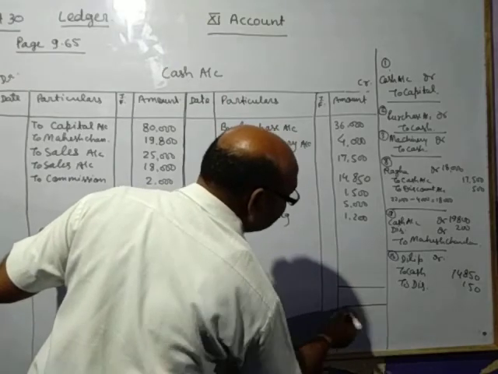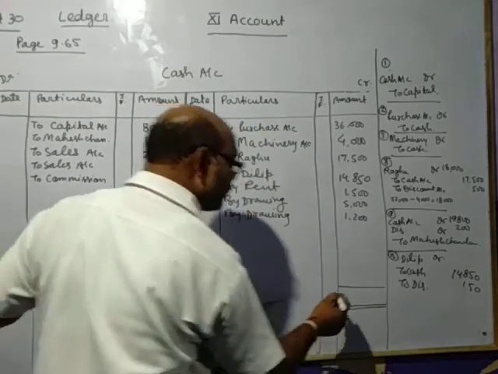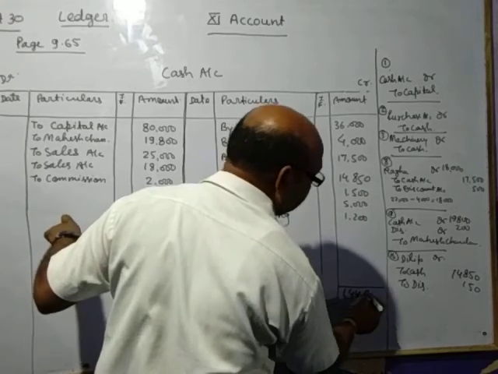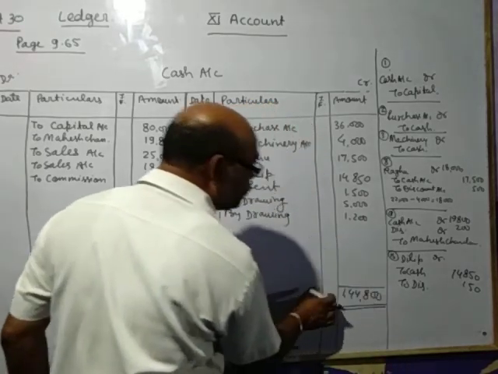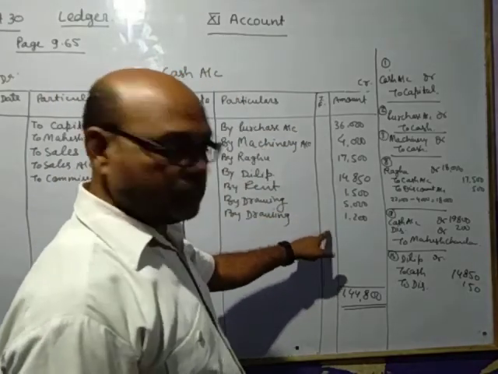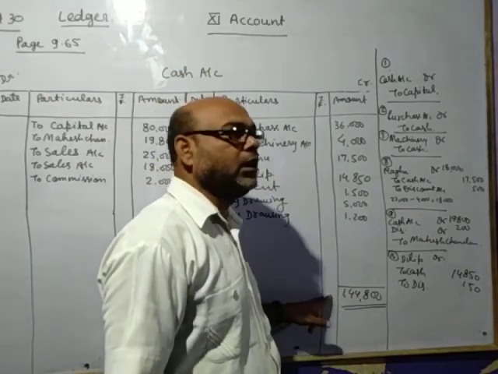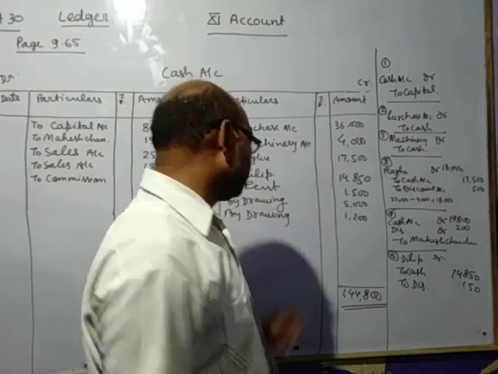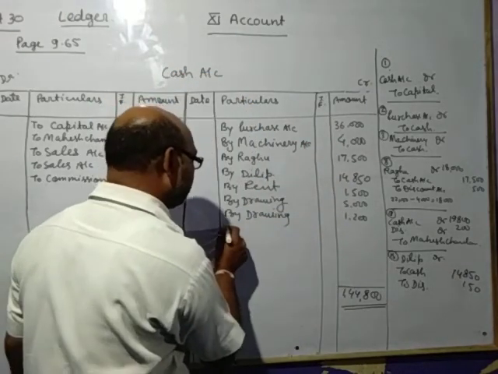You will write the same total here, 1,44,800, and from this total you make minus all these items. Then the balance will come.